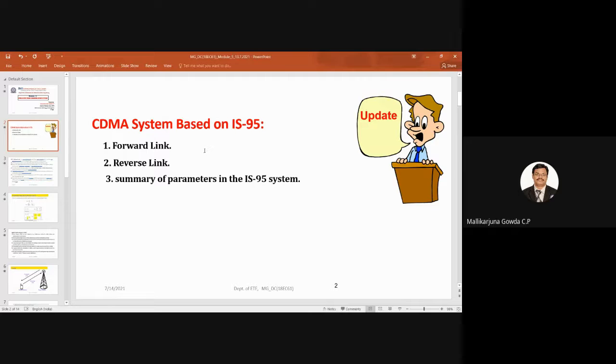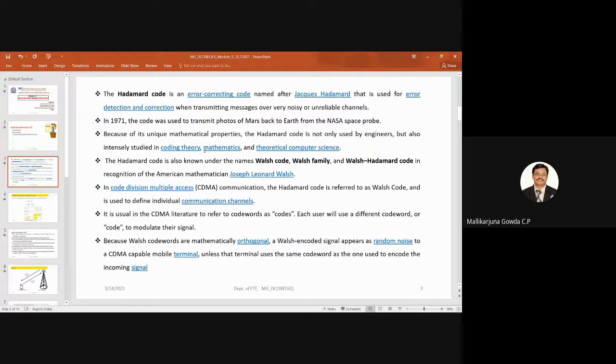As I said before, you are not aware what type of codes are used in this IS-95 system, in addition to the PN sequence and other things. So let me have a discussion about that. This is the code we call the Hadamard code. Have you heard about this anywhere? Hadamard code.